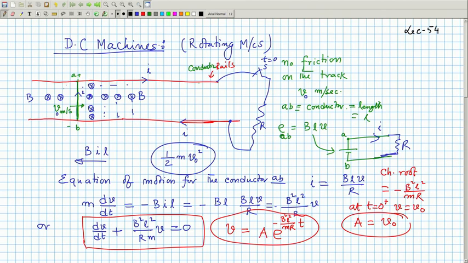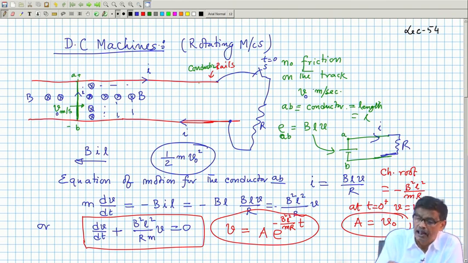So, it will become a source of EMF like a battery that I have shown here, whose value will be B L V naught. If V naught is the velocity, the voltage available will be B L V naught. So, initial velocity is V naught, and suppose this switch is opened.